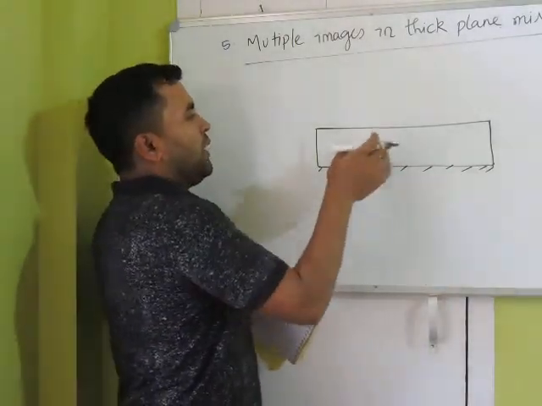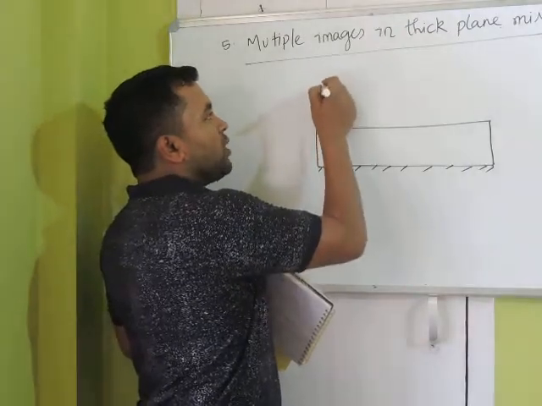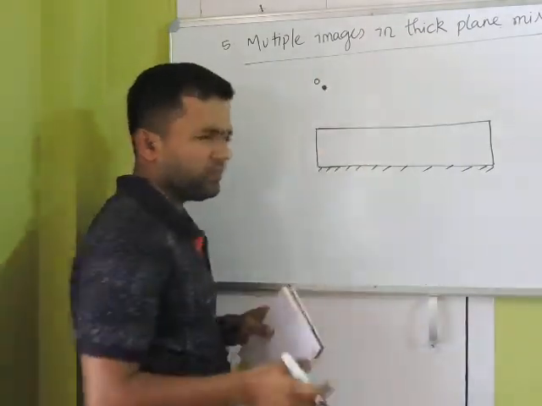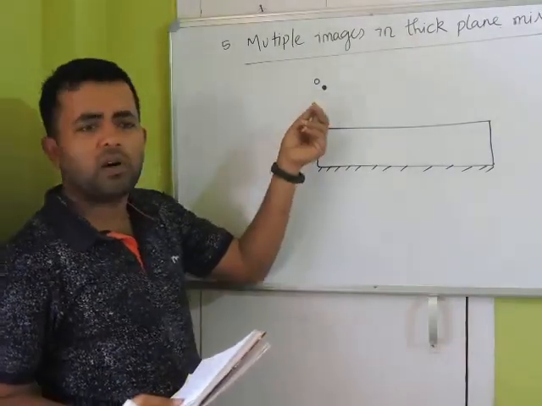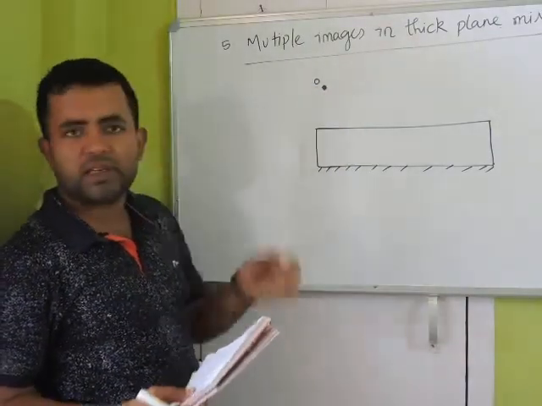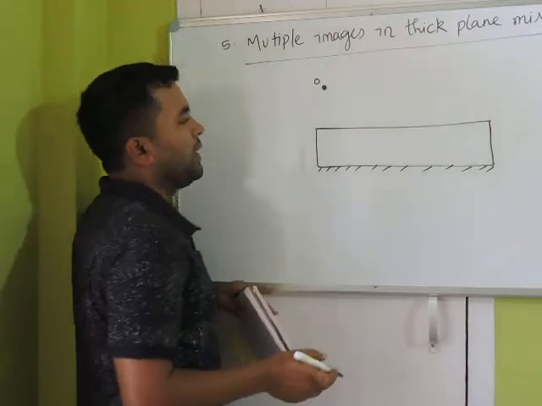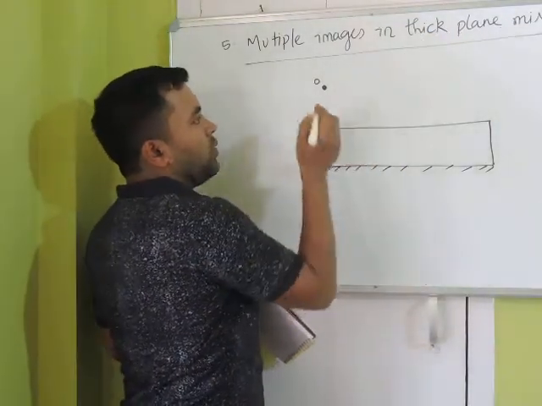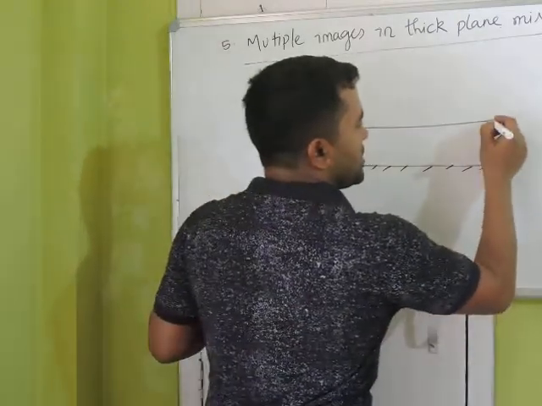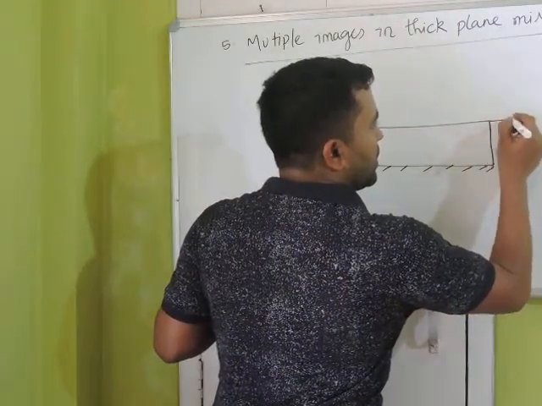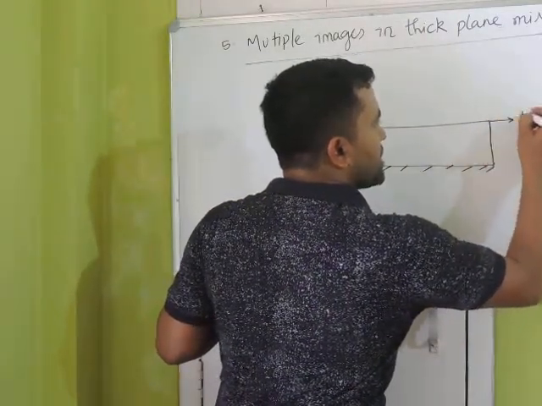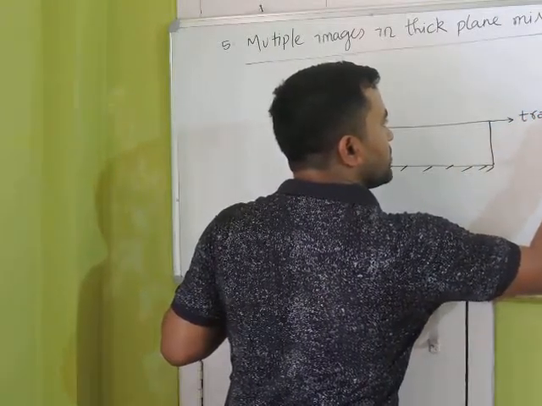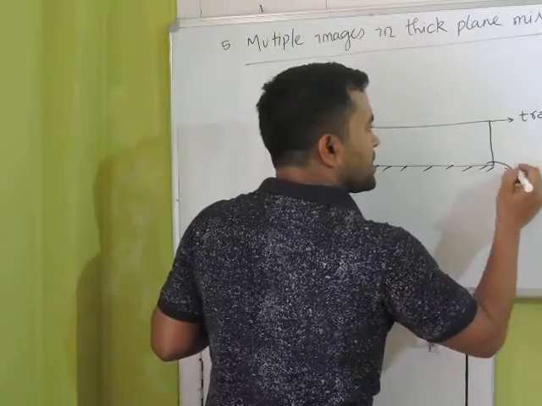Now in this case, let us say one object, some bulb or a very small light, is kept here. Now suppose we are looking from this side. You can see this surface is transparent and this surface is polished.